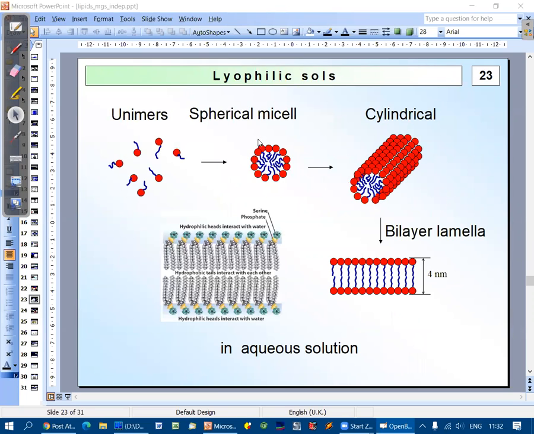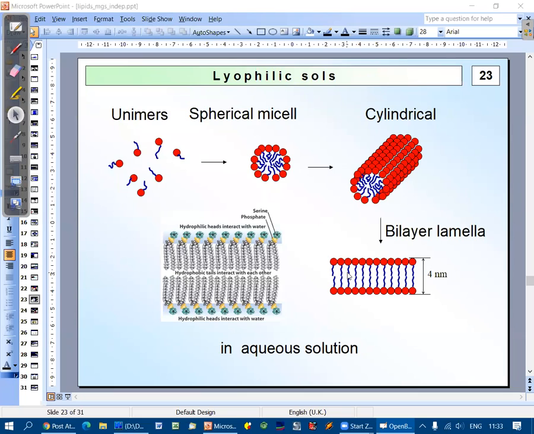This is spherical micelle we discussed. But if you continue to increase the concentration of a colloidal surfactant in the solution, there will be too many spherical micelles and they will interact with each other, forming such cylindrical structures and after that bilayers.